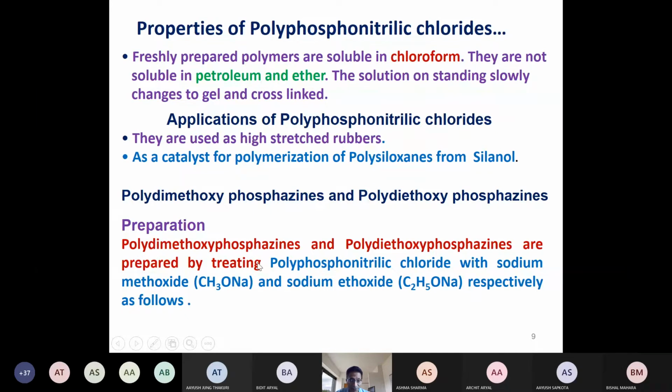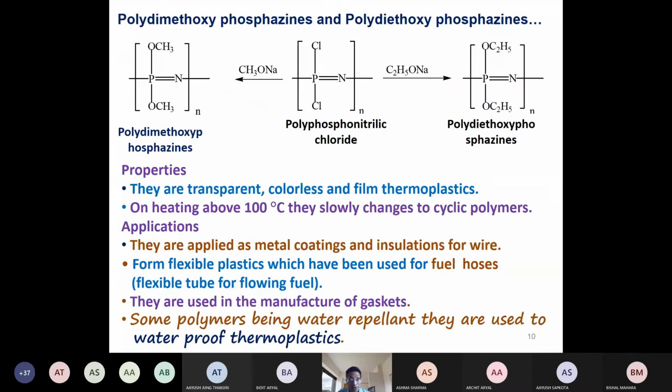In this way, the preparation method is the same. For example, this polyphosphonitrile chloride reacted with sodium methoxide forms polydimethoxyphosphazine. When treated with sodium ethoxide, that will give polydihydroxyphosphazine.